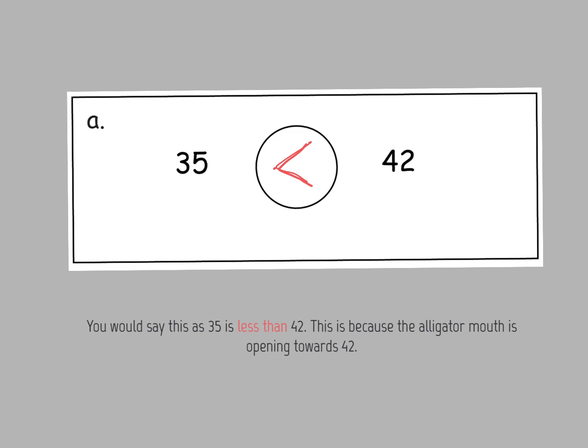This is because that alligator mouth, if you can envision the less than symbol as an alligator mouth, we can draw in the teeth, and then the tail, and then the eye. It's opening towards 42. So that means that 35 is less than 42.